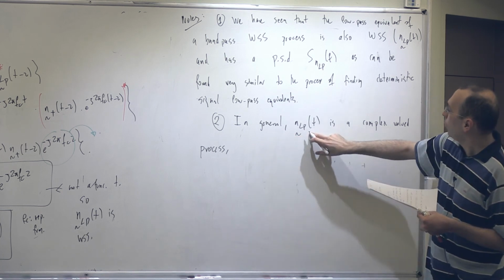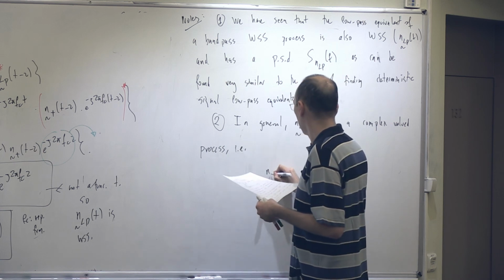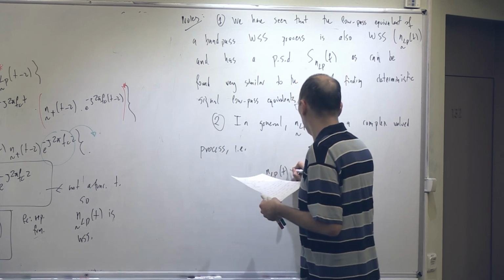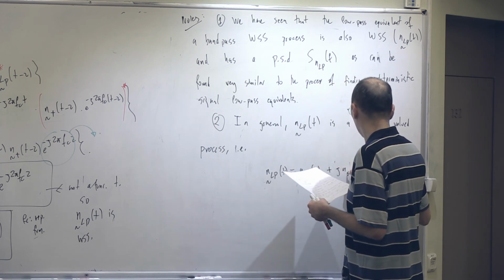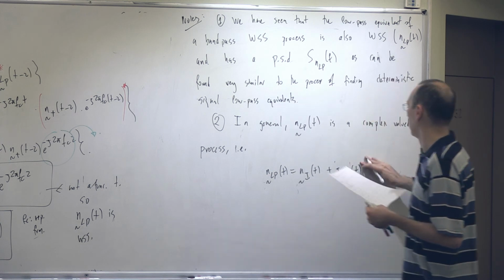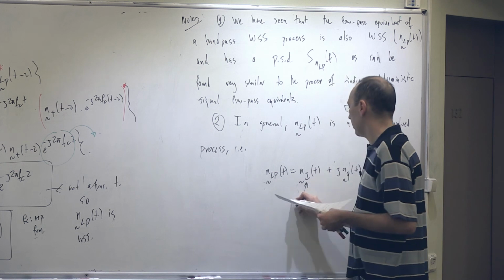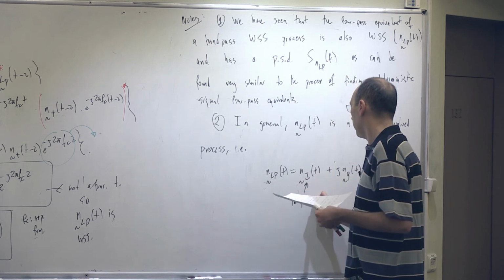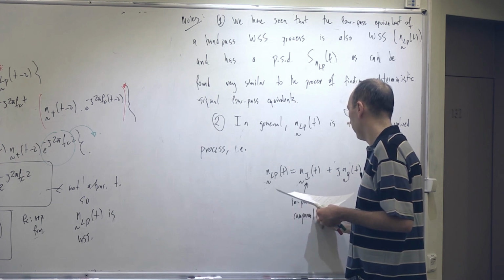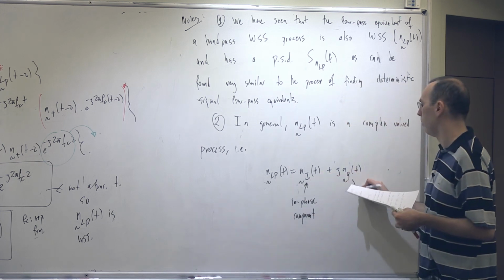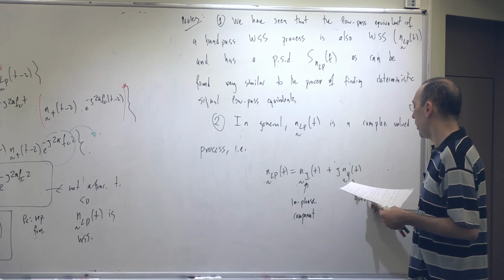In general, the lowpass equivalent is a complex valued process, i.e. it is something like this. This is called the in-phase, the real part, the in-phase component. One more time, this is, of course, a random process right now. This is the quadrature. Quadrature means a quarter.